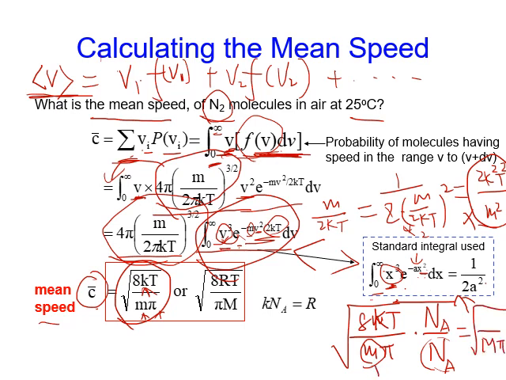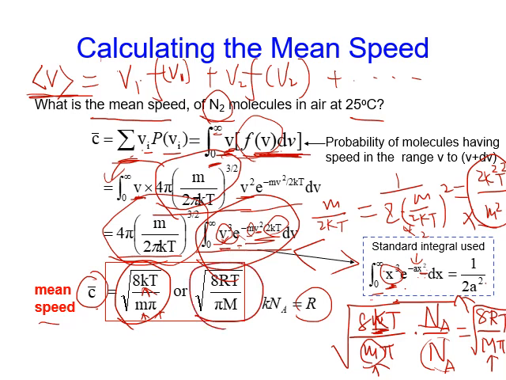Note the difference: small m is the mass of one molecule, and here is the molar mass of nitrogen, which you can find easily from the periodic table. And then here 8. Now k is the Boltzmann constant, and the Boltzmann constant times Avogadro's number turns out to be just the gas constant. So you have 8R, the gas constant, times T. Therefore these two equations are equivalent.